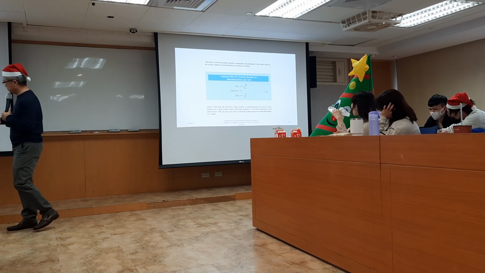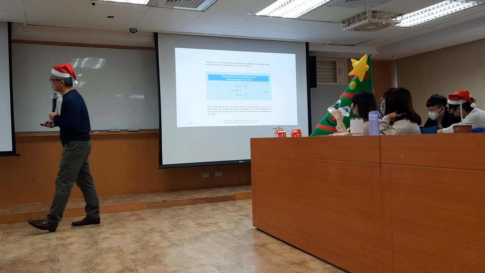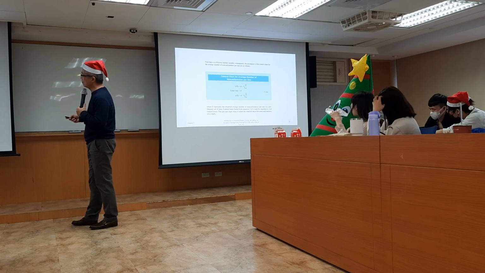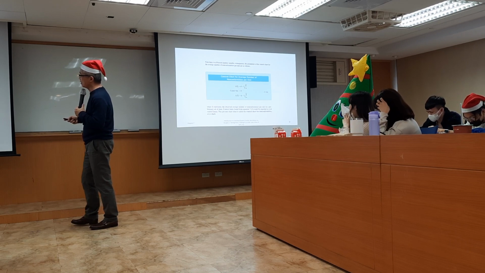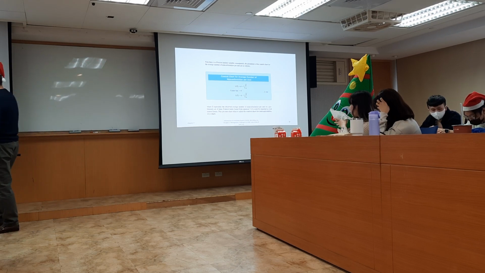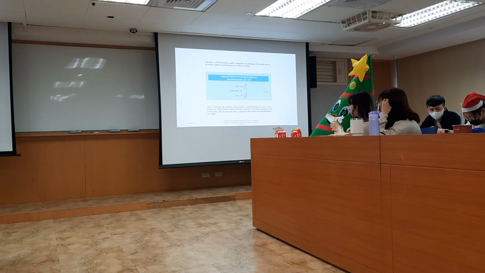Then this is a Poisson random variable. Consequently, the parameters of the control chart for the average non-conformities per unit can be represented by this, since the mean and variance are identical. So we directly take 3 standard deviations divided by n.